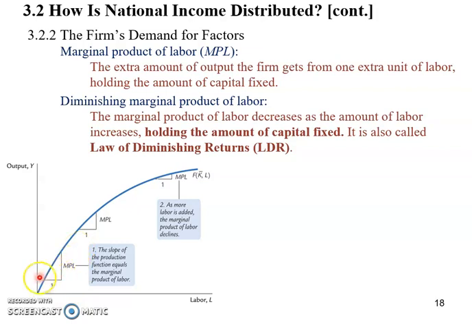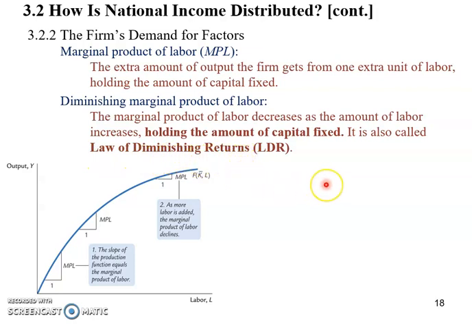A very interesting observation we could make here is that when we add more and more labor into production, the total product curve gets flatter, as you can see here. Another way to see this is that graphically the MPL gets smaller and smaller. This is exactly what we just discussed. It's called the law of diminishing returns.